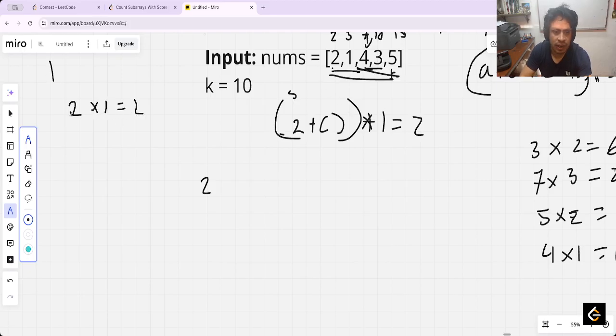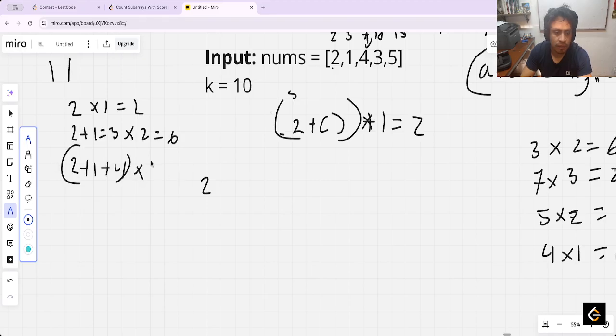Now move to the next: 2 plus 1 is 3, multiplied by 2 is 6. Okay, we have 2. Now the next is 2 plus 1 plus 4, multiplied by 3, is 7 times 3, 21.